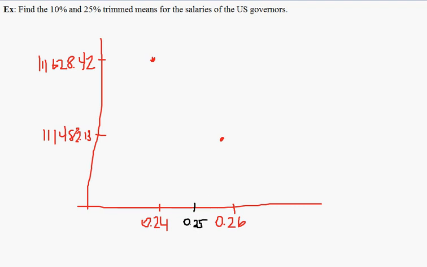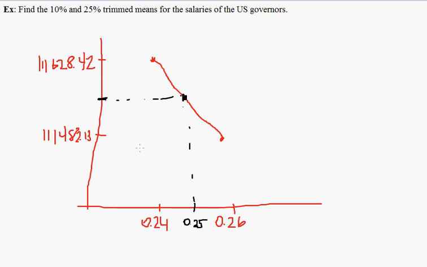So my 25% trimmed mean will be obtained by drawing a line between these 2 points, and whatever the coordinate is that corresponds to 0.25, the y coordinate that comes out will be the number that I care about. Now in this case it's easy. 25% is exactly halfway between 24% and 26%, and so I can take the average of these two numbers, and that will be the 25% trimmed mean.